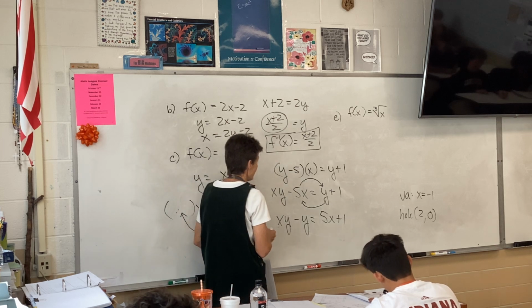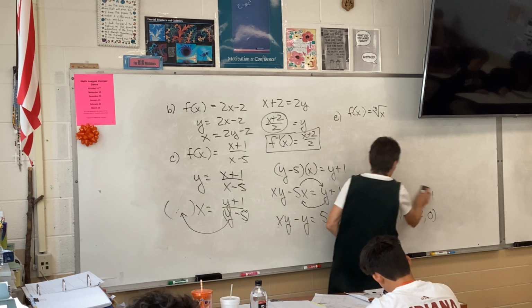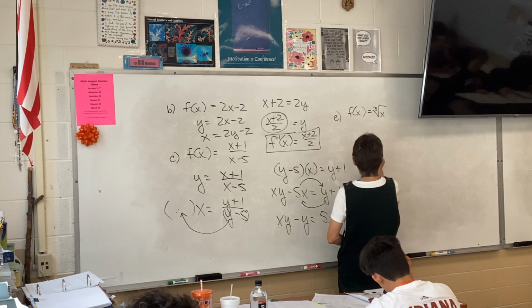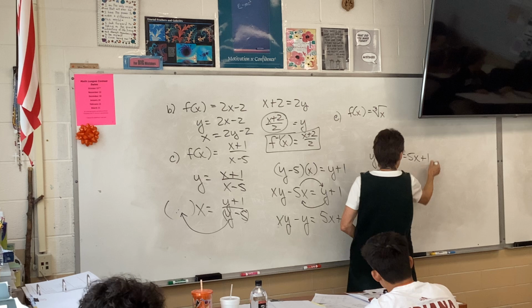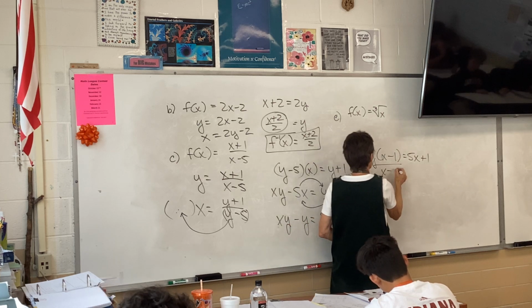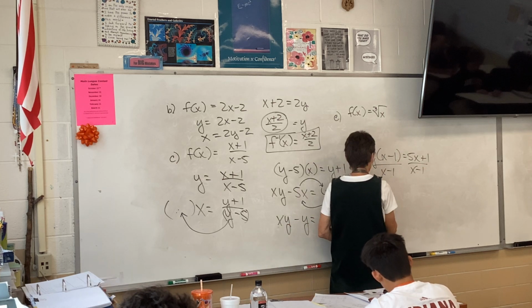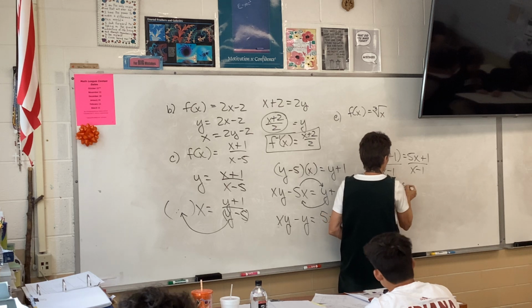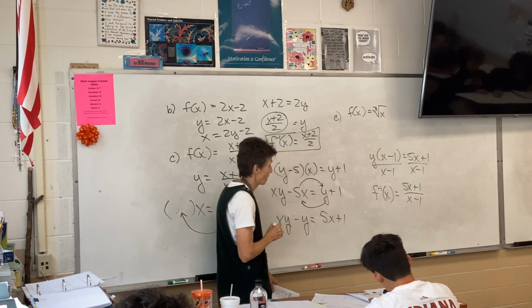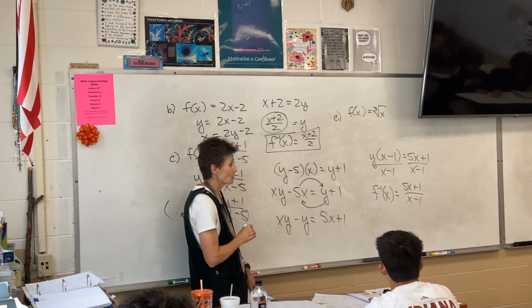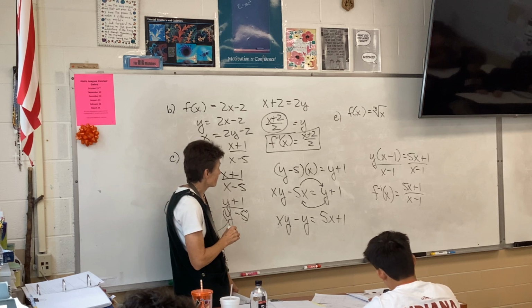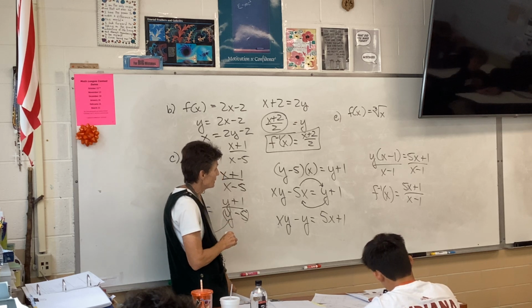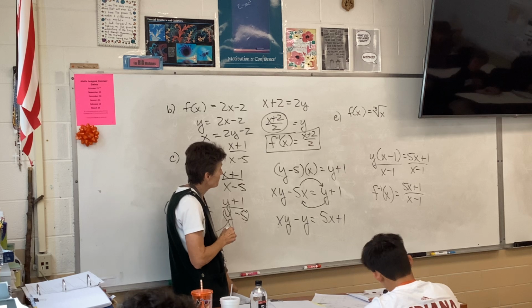And then take a y out. And then divide. Yep. So your inverse is 5x plus 1 over x minus 1. That would be your answer. So those are the steps that we go through. More than that first one.